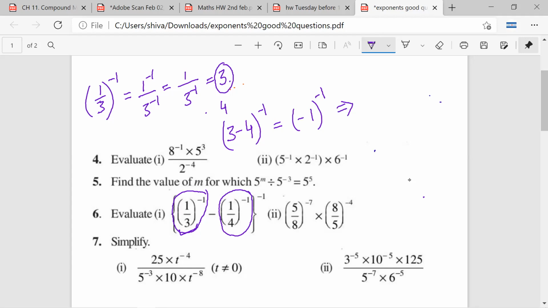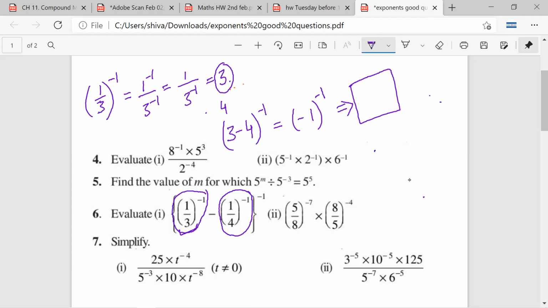Sanvi ji? Should be raised to 1 only. So what should be the final answer? 1 by 2, I guess.